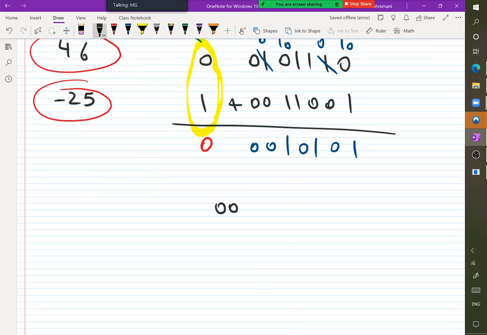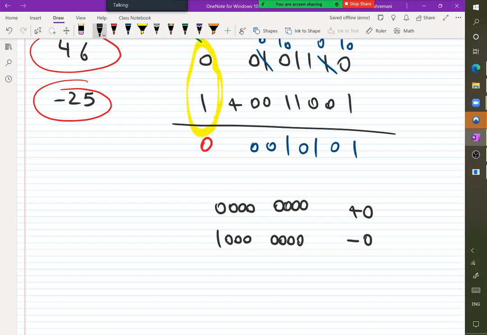So this one is 0 and this one is 0. We know that positive 0 and negative 0 are equal to 0, so we have two representations for 0. We don't like it, okay? We want to have one representation for each number, not two.